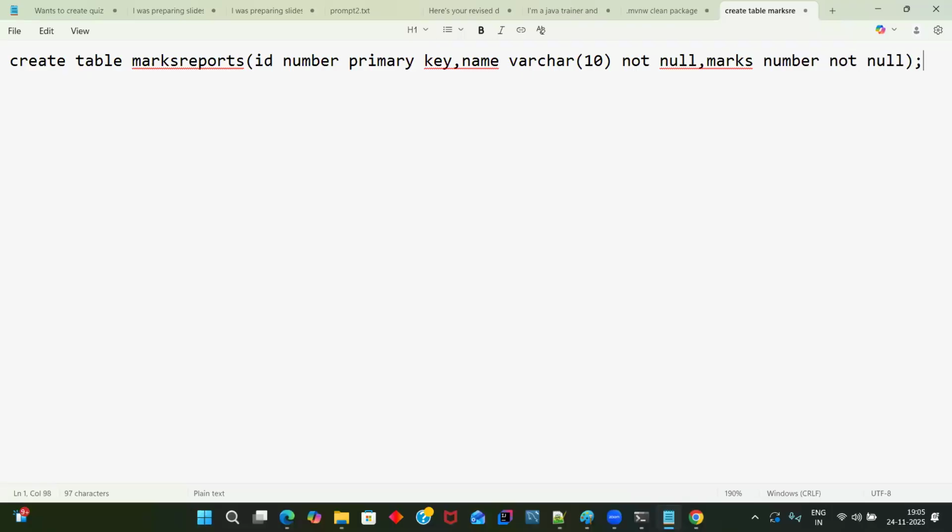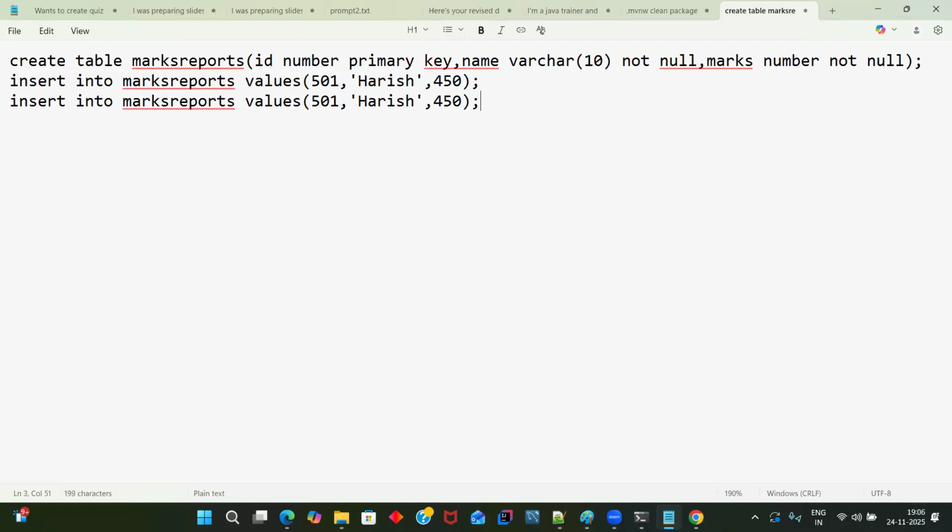Okay, so I'll be creating this and then insert into marks reports values. Let's say 401 is the ID. Make it 501, and name Harish, and he got 450 marks. Okay, let's copy this and paste.